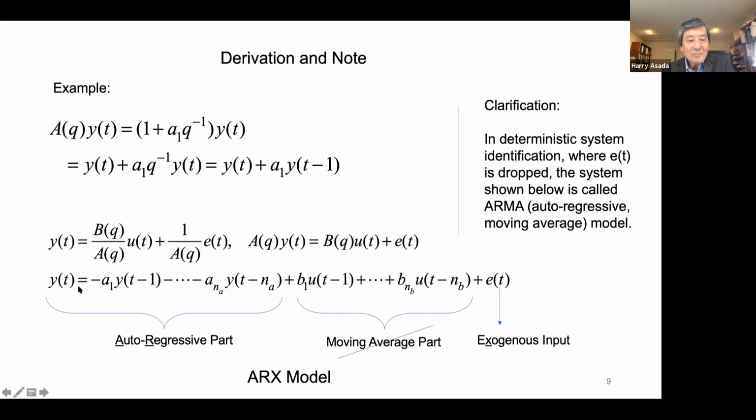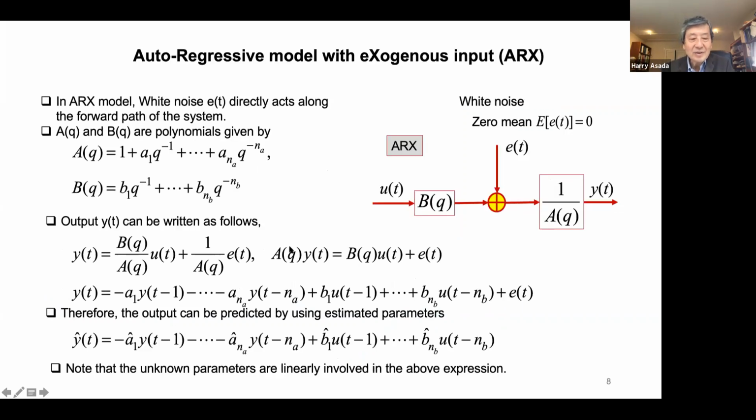So Y(t) minus A1 Y(t minus 1), and then A(q) has many terms, up to minus A_na Y(t minus na), the last term. B1 starts with B1 q^-1, which results in B1 U(t minus 1). And the last one, B_nb U(t minus nb), nb times time shift. And then added E(t). So that is the equation I wrote here, okay?